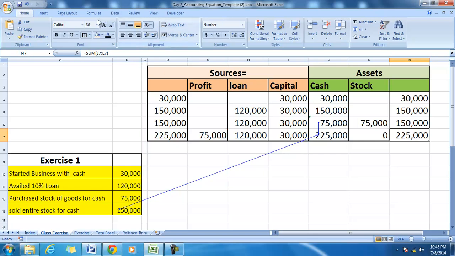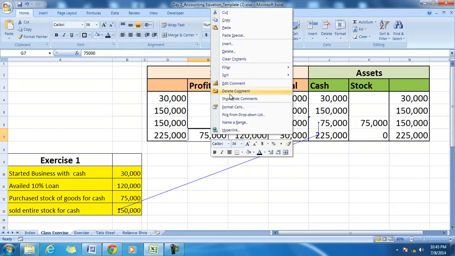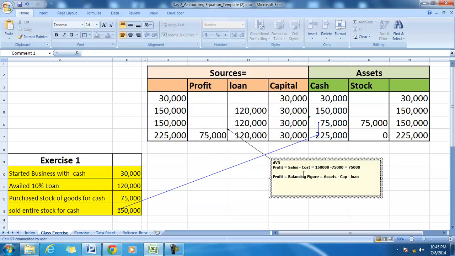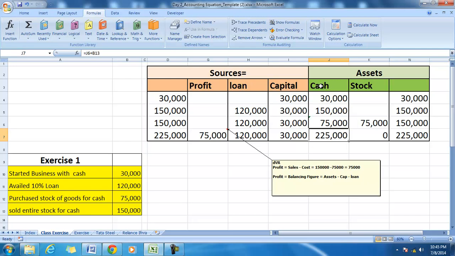But how did we arrive at this profit? Profit can be determined in two ways. At this juncture, we'll say that profit is a balancing figure. Profit is equal to assets, which is cash here, minus the capital minus the loan.